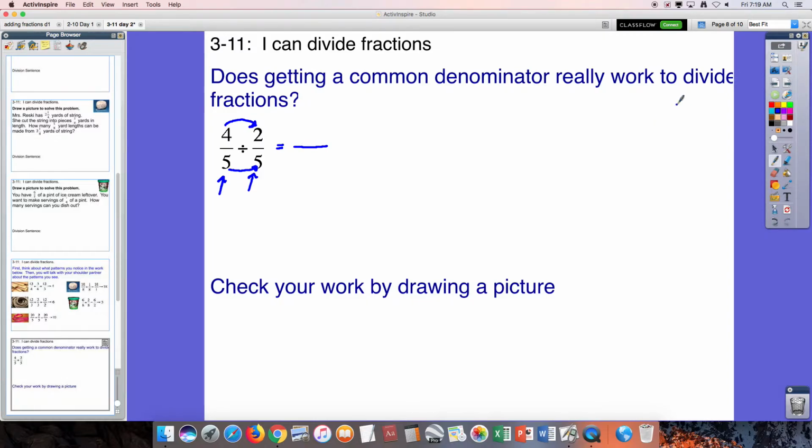One, if you have a fraction with the same number as the numerator and denominator, that always equals 1. It doesn't matter if it's 201 over 201, it equals 1. It can be 5 over 5, it equals 1. Just think about what the fraction represents.